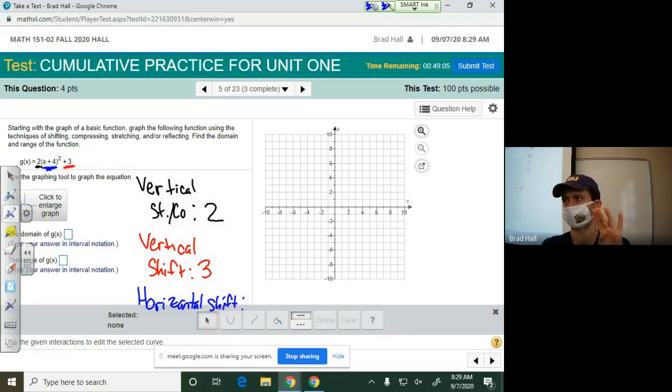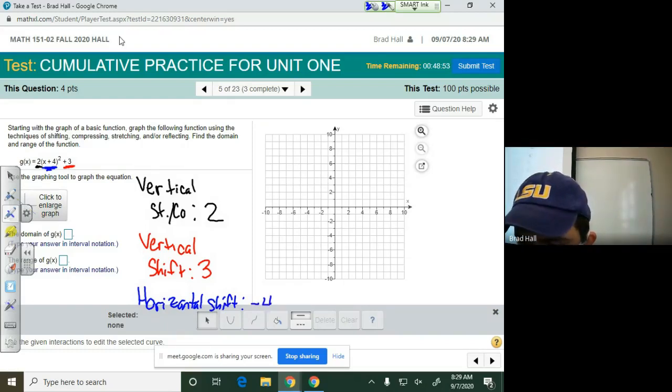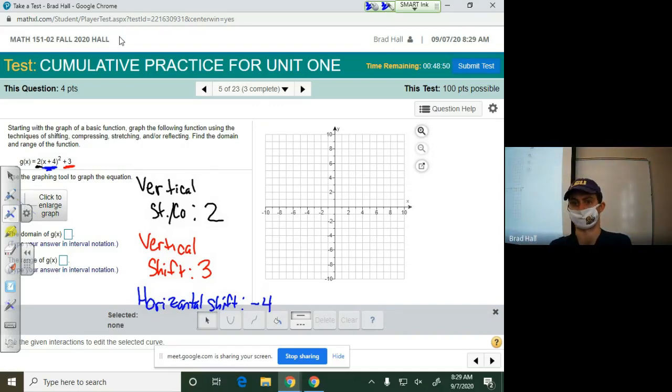Well, that 4 gives us an idea about left or right direction. Since we are adding 4, then this is an opposite operation. We're going to go to the left 4. So that's why the horizontal shift will be -4. It's the opposite. So you will need to know this for the test.